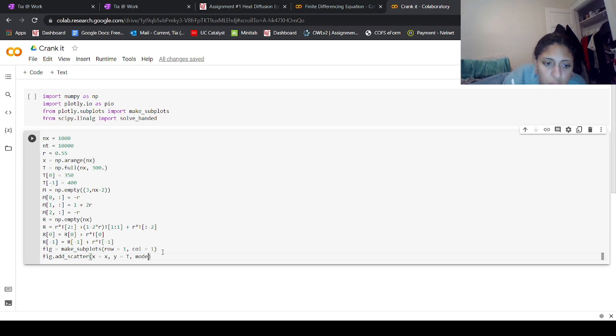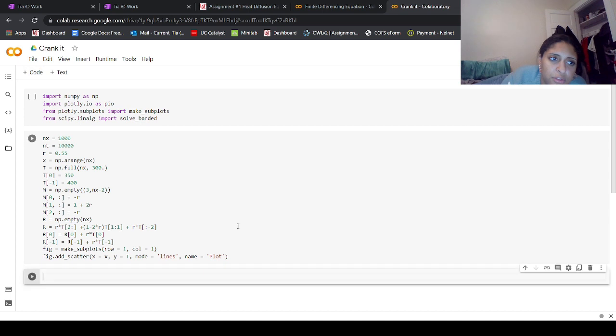We want the mode to be lines, and we have to put that in a string. Yes. And then comma name, and we want it to be equal to plot, I guess. Okay, so we're done with this part of the code.